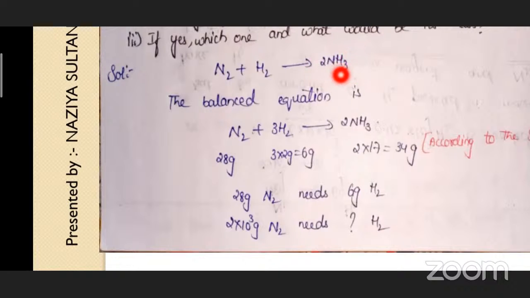So hydrogens are not balanced. First we have to balance the hydrogens. In order to get 6 hydrogens, we have to put 3 as the coefficient of H2. So it becomes 6 hydrogens. Now this is the balanced equation: N2 plus 3H2 gives 2NH3.